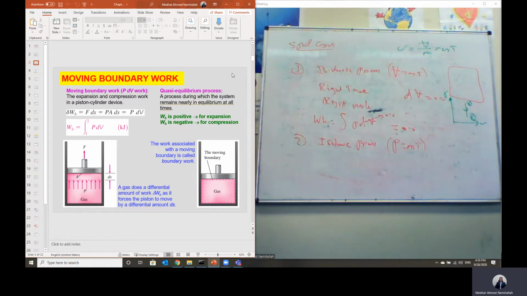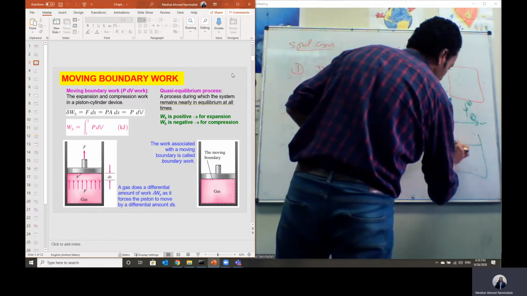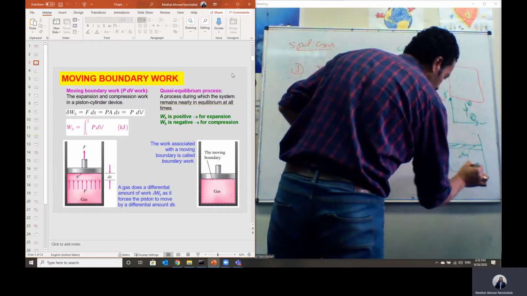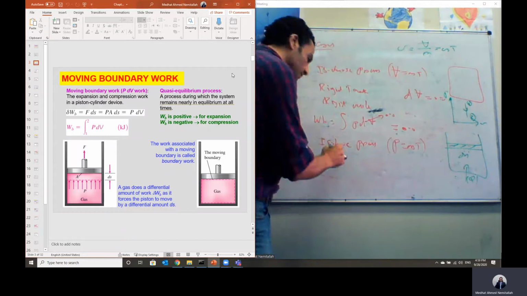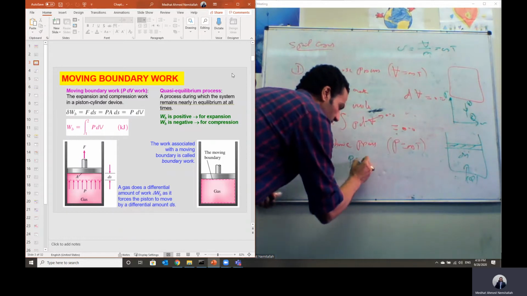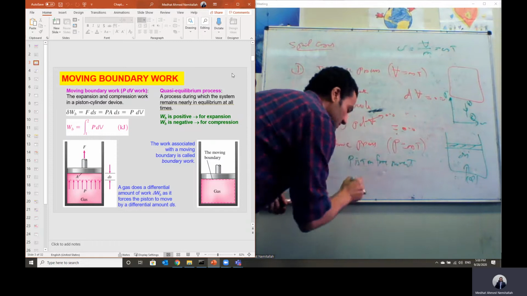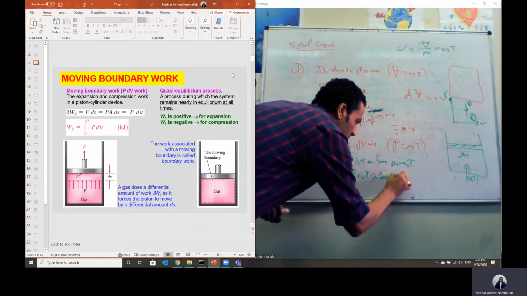But for the isobaric process, let's say we have a gas in a piston cylinder device, and we add heat to this gas, then this gas will expand, in case we have free movement of the piston, or a frictionless piston.